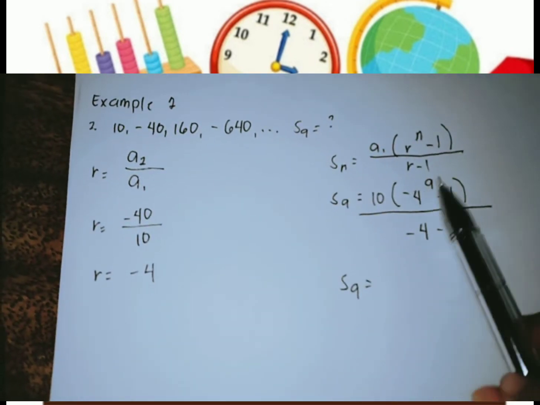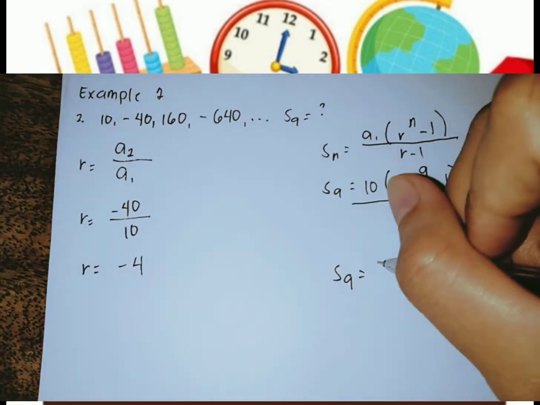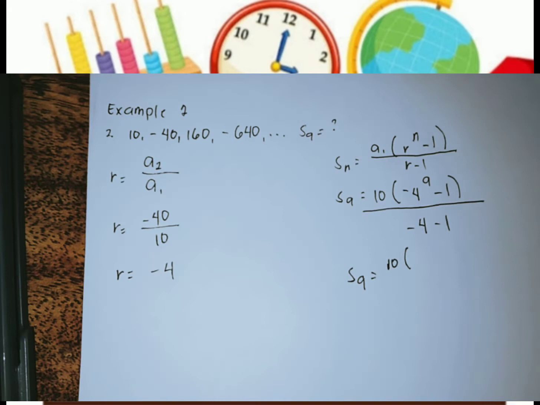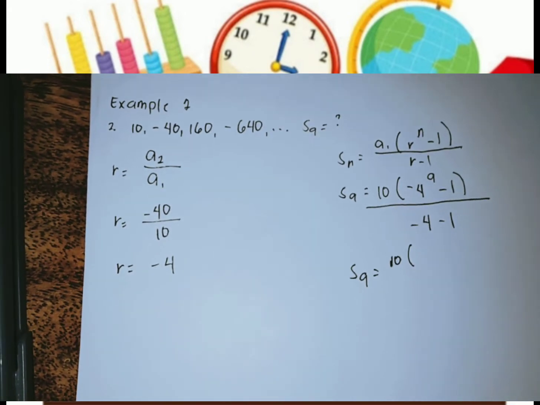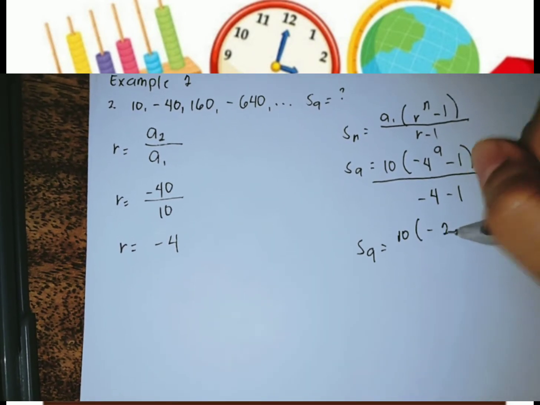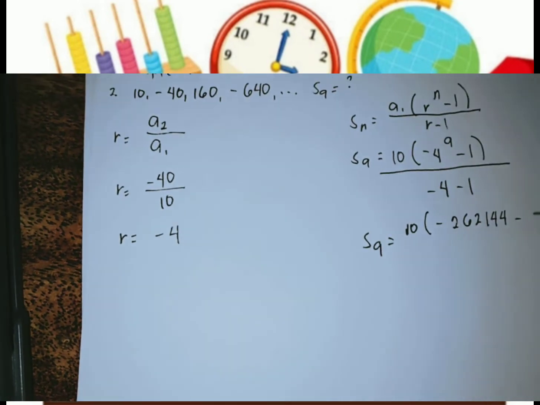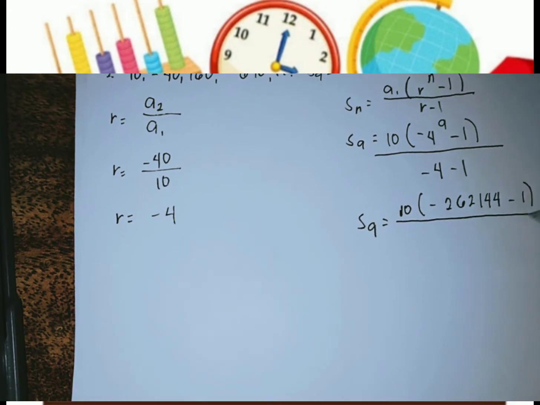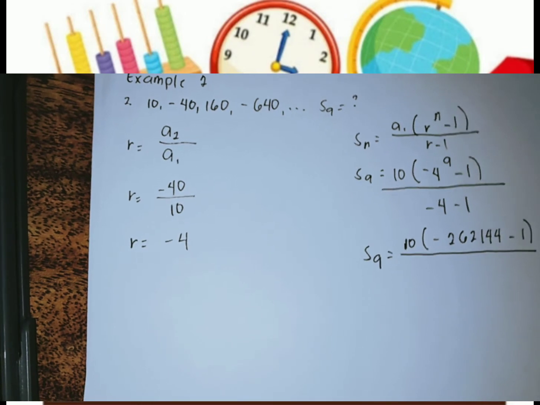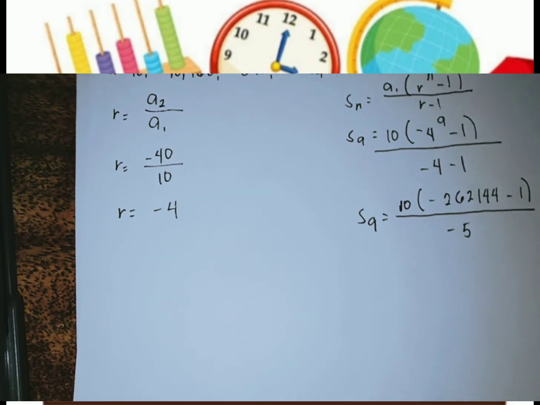We will solve it first. So 10 times negative 4 raised to 9 is equal to negative 262,144, minus 1. Then negative 4 minus 1 is equal to negative 5.